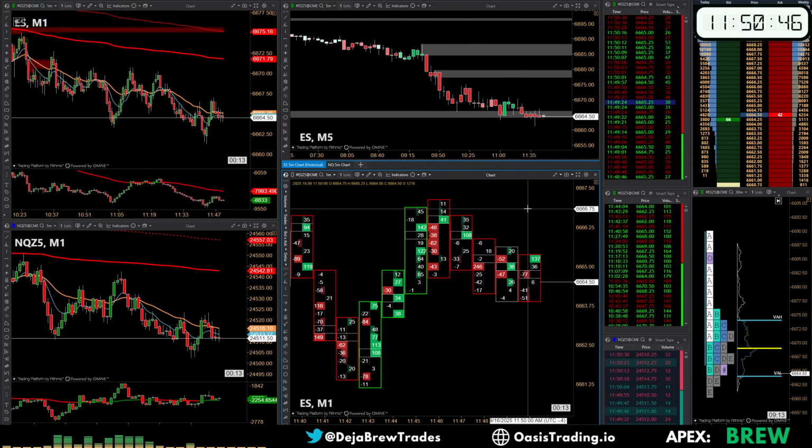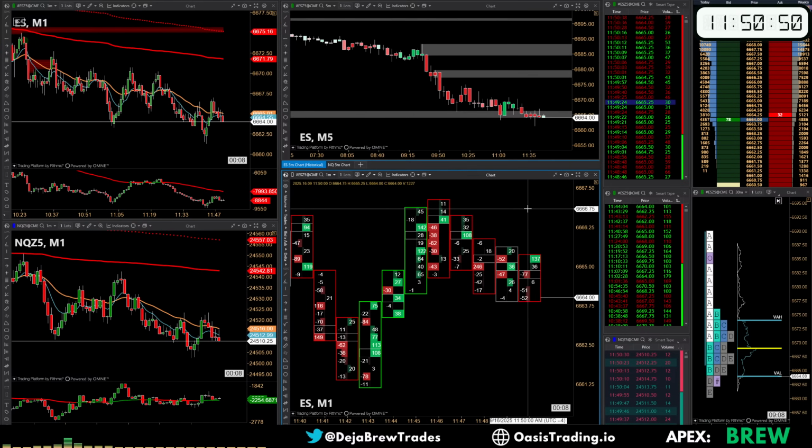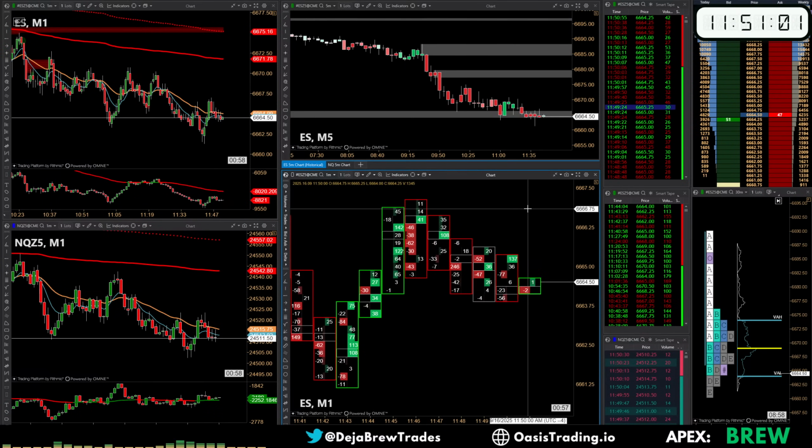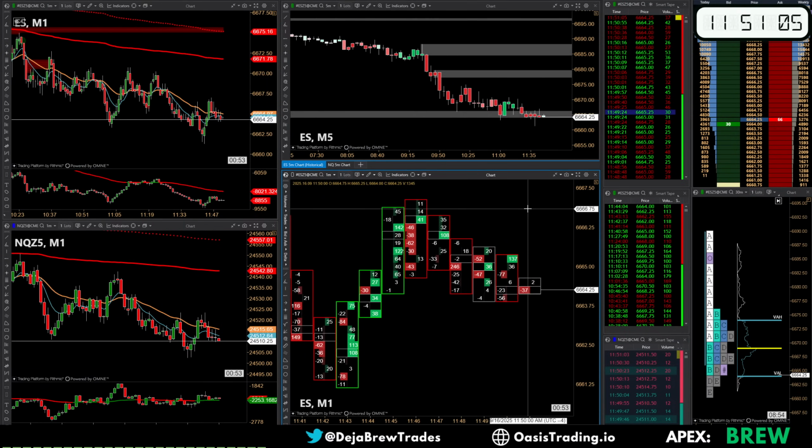Then you started breaking all the other levels, maybe the POC, the value levels, VWAPs, whatever, right? The trails started waterfalling bullishly, all that stuff, domino by domino by domino. But the start of that market structure shift was the sweep. It's not always a sweep, but very often it can be.